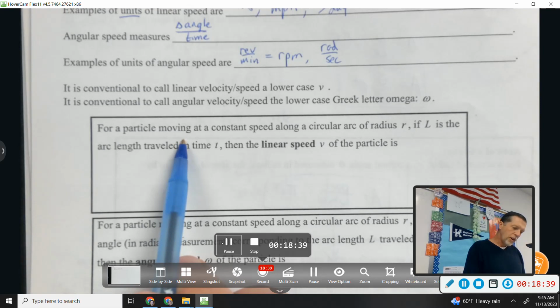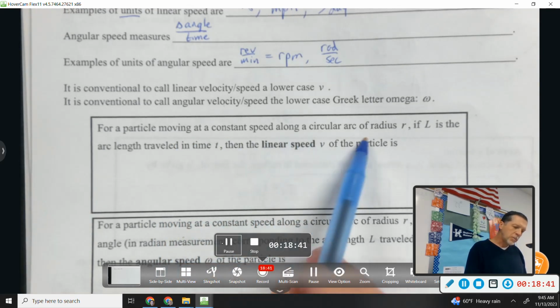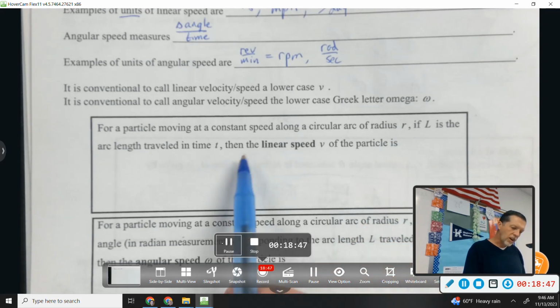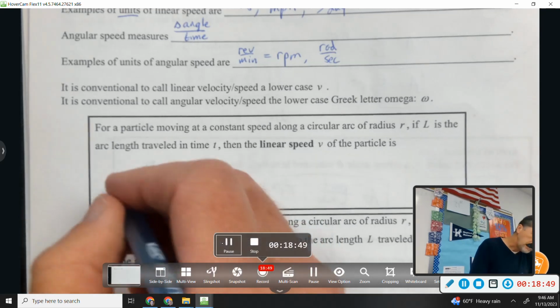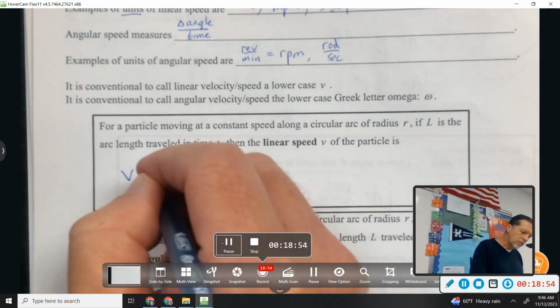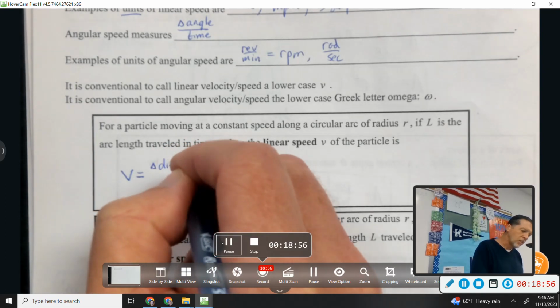Okay, so for a particle moving at a constant speed along a circular arc of radius r, L is the arc length traveled in time. This is a lot of words. Let's just back up here. Velocity is, let's back all the way up, change in distance over time.